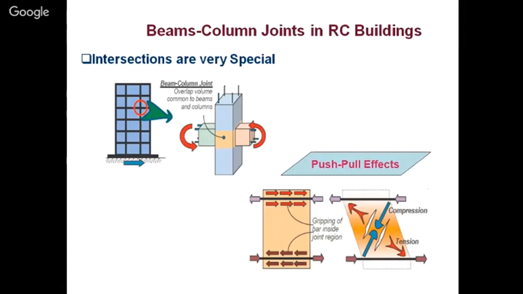Whatever horizontal bars of the beam are passing through it, and whatever longitudinal bars of the column are passing through it, along with the ties in the horizontal and vertical directions, they all with their combined effect confine the beam column joint to safeguard the building, because the more they confine, the more they will be able to transfer the forces to the vertical and horizontal elements.